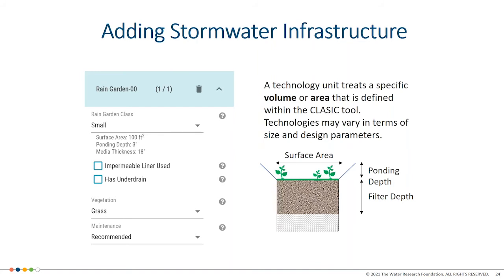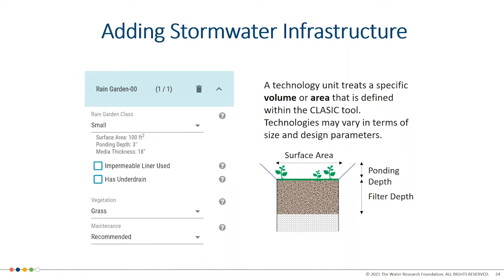This is an example of the rain garden application, and a user would pick from a small, medium, or large application of a rain garden, for example, or whatever technology they're looking for, and have different selections on specific design components that may either impact hydrologic performance, co-benefits, or cost of the technology. And then the size of the technology is important, because a technology unit treats a specific volume or area that is defined within the CLASIC tool.